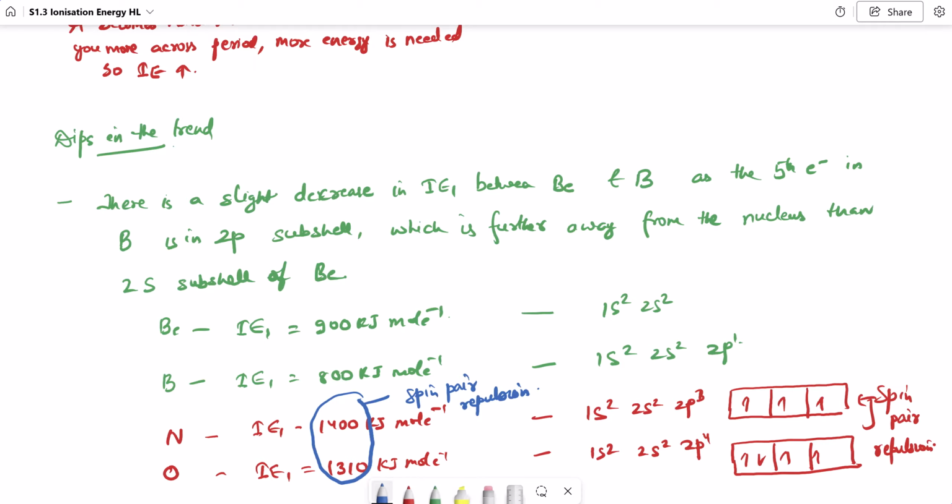In oxygen there are 2 electrons in px, right? If I write px, py, pz, and compare the px part of both, you have 1 electron here and 2 electrons here, right? So in oxygen there are 2 electrons in the px orbital, and the repulsion between those electrons makes it slightly easier for one of the electrons to be removed. That's why you find this difference.